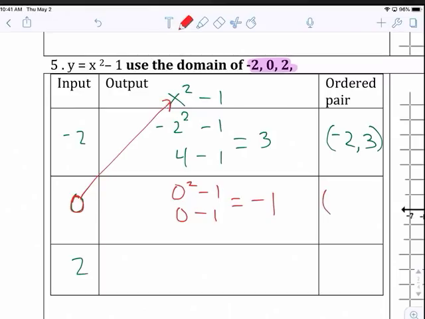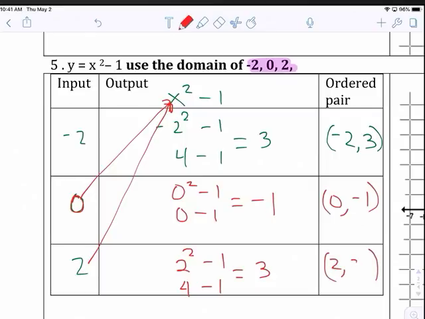So your ordered pair is 0, negative 1. Understand? Then 2 there. 2 squared minus 1 is 4 minus 1, which is 3. So your ordered pair is 2, 3.